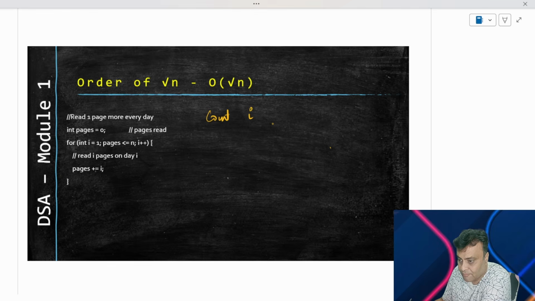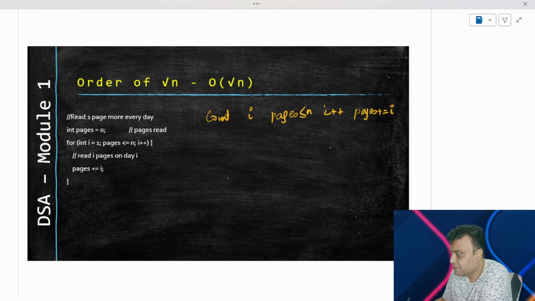Let us do pages less than equal to n, let us do i plus plus, and let us do pages plus equal to i, from a dry run perspective. So let's say I'm entering first. My i's value is 1. Pages value is 0.